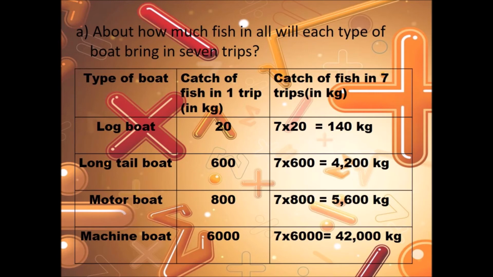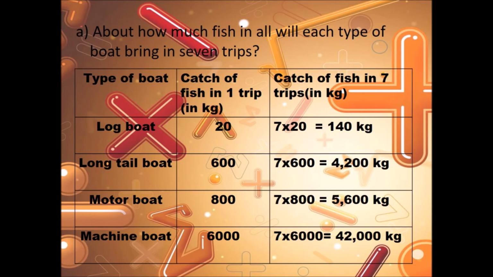Similarly, the long tail boat catch is calculated by multiplying 600 by 7. You get 4200 kg. That is, long tail boat can catch 4200 kg of fish in 7 trips.